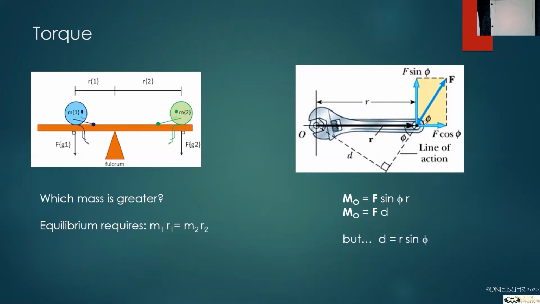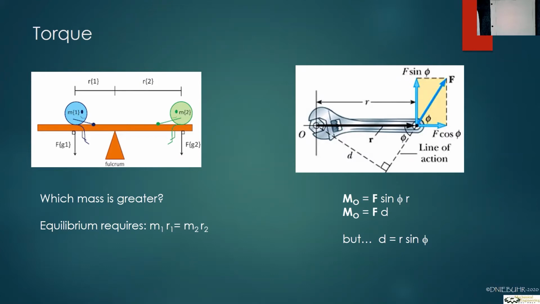Notice that we extended the force because its line of action goes on and on. So we just extend the force until we can get a perpendicular line, and then we have just F times D. We could also do F sine theta, times R. Either way it works.